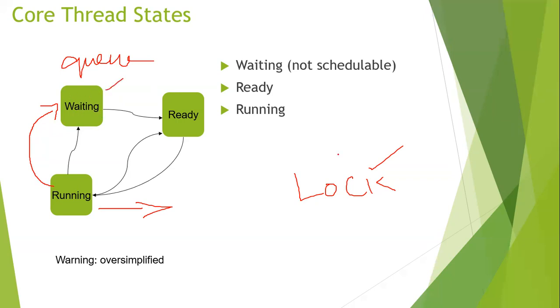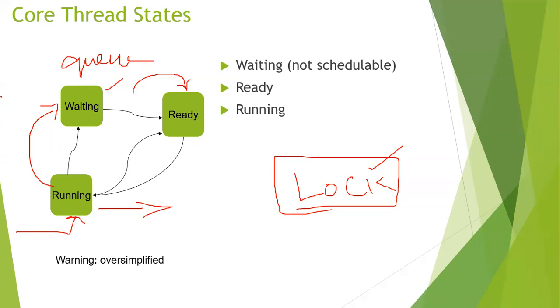Once the waiting is done and the thread has the resource it needs, it will go and wait in the ready queue, telling that it is ready whenever the CPU is available. We cannot keep on waiting on the CPU when we are not running; it should come out of the CPU and let other threads execute.